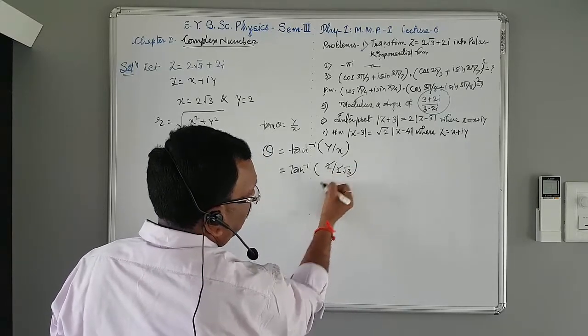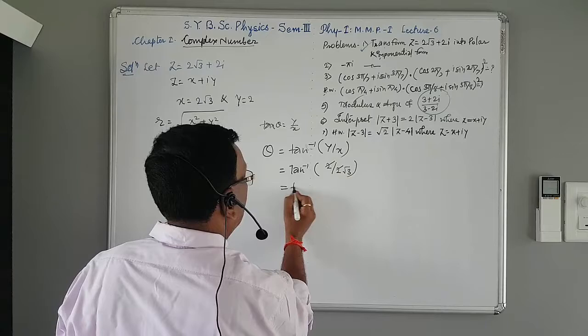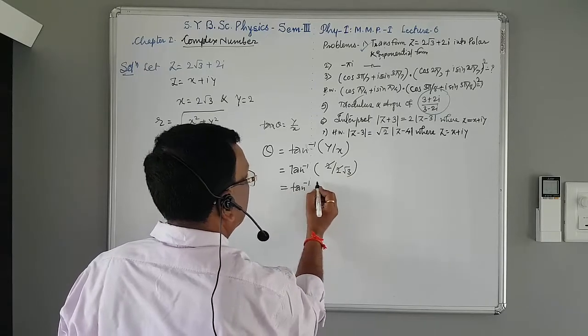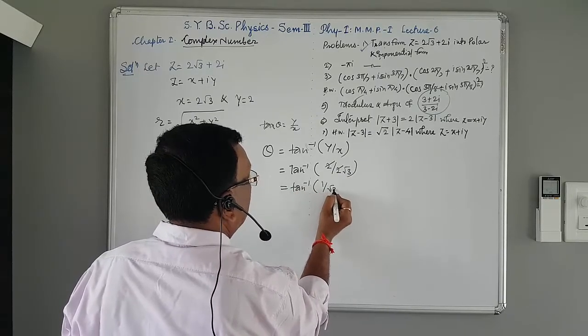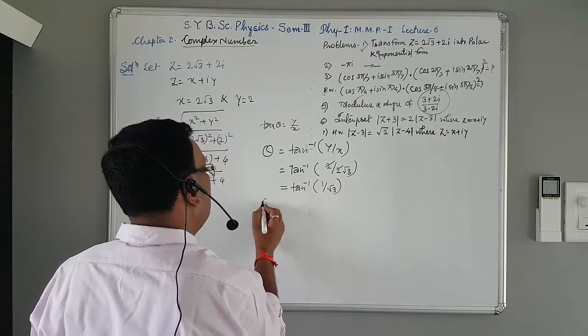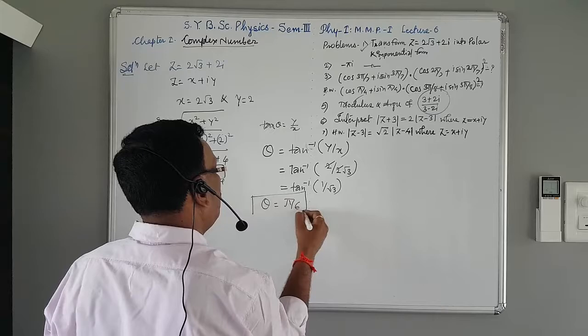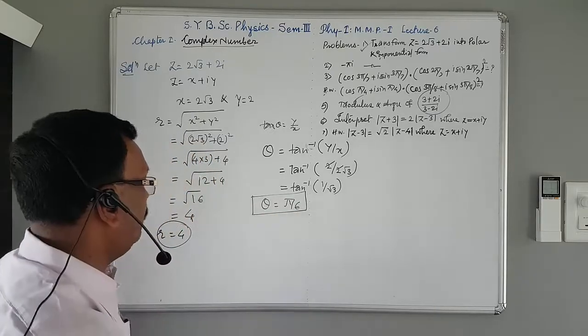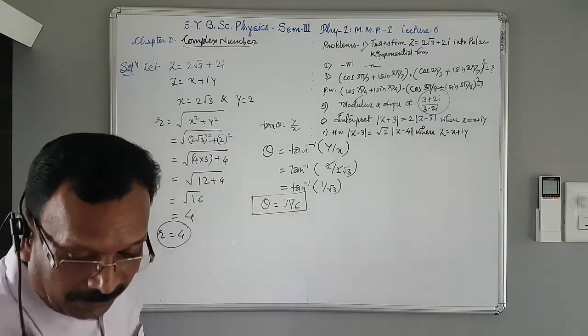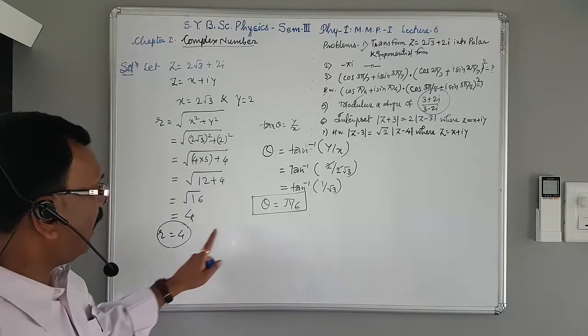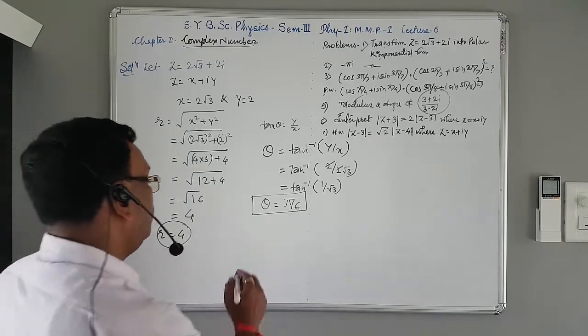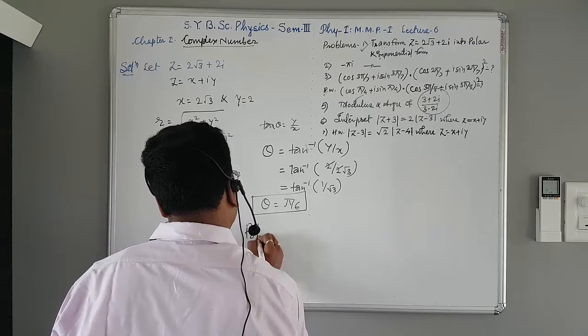Here 2 and 2 get cancelled with each other and we have tan inverse of 1 upon root 3, which gives us the value of theta equal to pi by 6. In this way we obtain the phase angle or argument theta. After obtaining the values of r and theta, we have the polar form of the complex number.